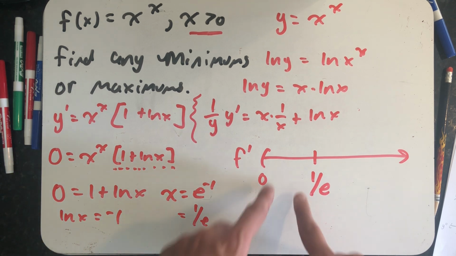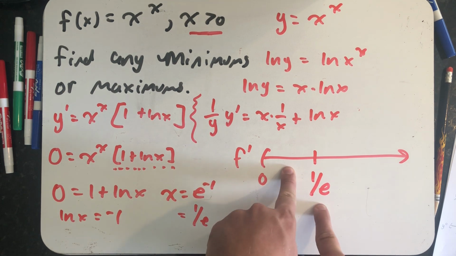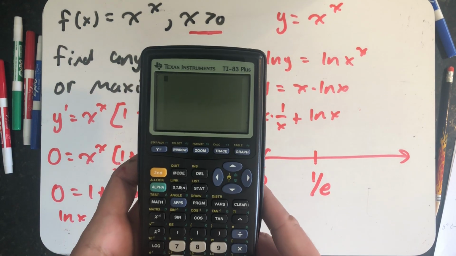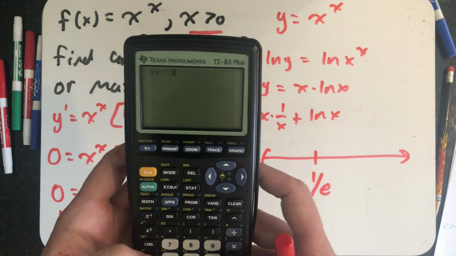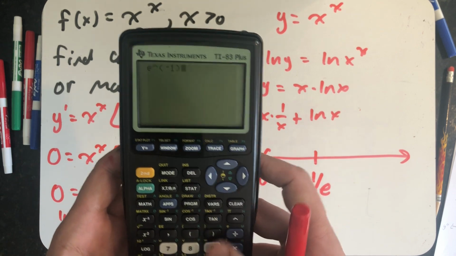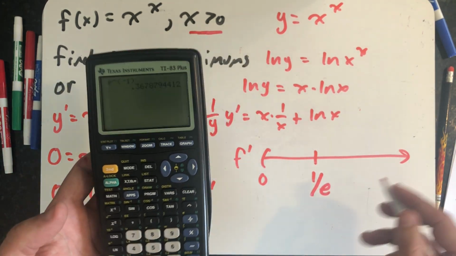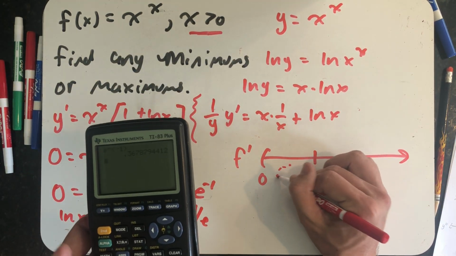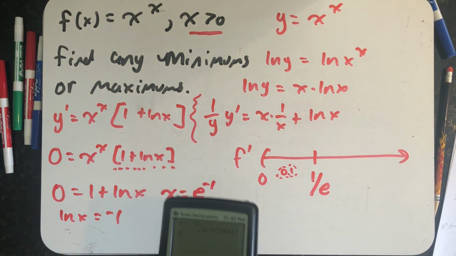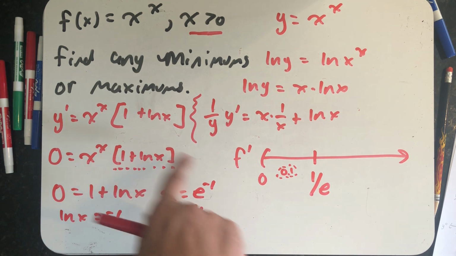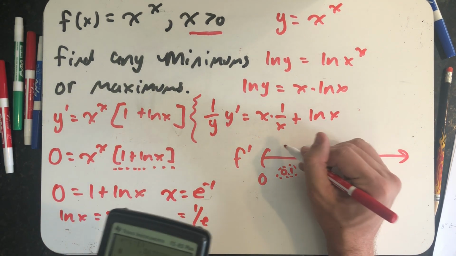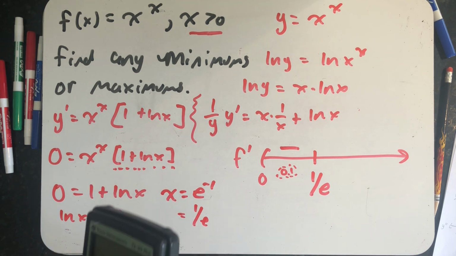All right, you can pick any value you wanted to that's less than 1 over e, so maybe you thought to yourself that knowing an approximation for 1 over e would be helpful. So let's just say e to the minus first is about 0.36. So you can plug in anything you want. Maybe you said 0.3, maybe you said something like 0.1 because you thought it would be easier, but whatever you chose in this interval, when you plugged it into your derivative, you found out that you got a negative.